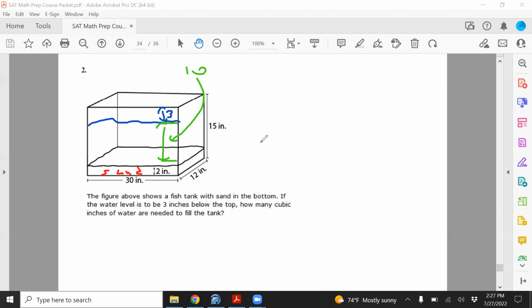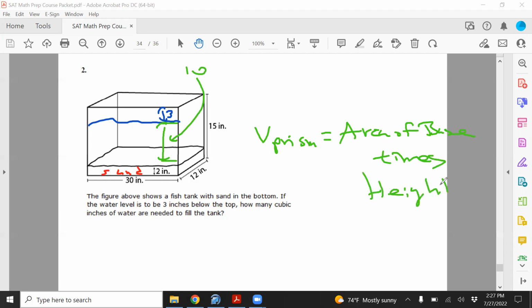And for the volume of a prism, it's going to be the area of the base times the height. So go and work that out. Tell me what you guys got.